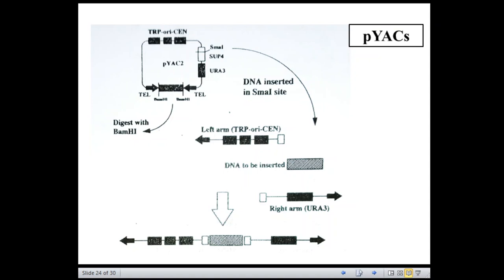This separates the telomere sequences and produces two arms, and the foreign genomic DNA is then ligated to produce a functional yeast artificial chromosome construct.